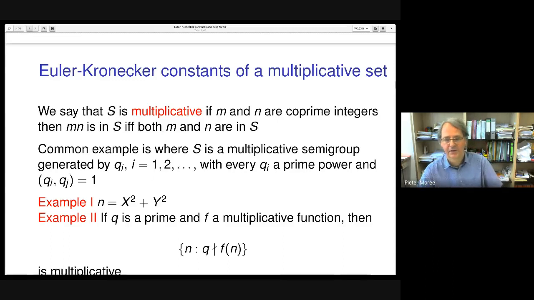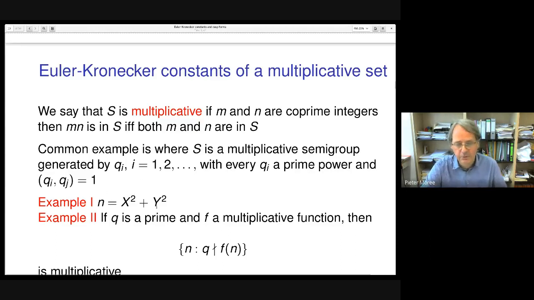An example is where you take all the primes congruent to 1 mod 4, you take the prime 2, and you take the square of all the primes congruent to 3 mod 4. You can multiply all these things together, and this gives you a so-called multiplicative semigroup. And what is that multiplicative semigroup? That's nothing else but the integers that can be written as a sum of two squares.